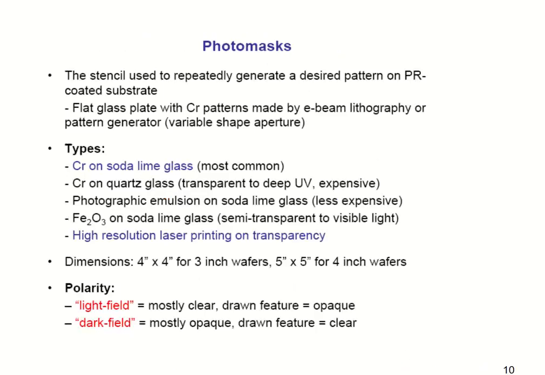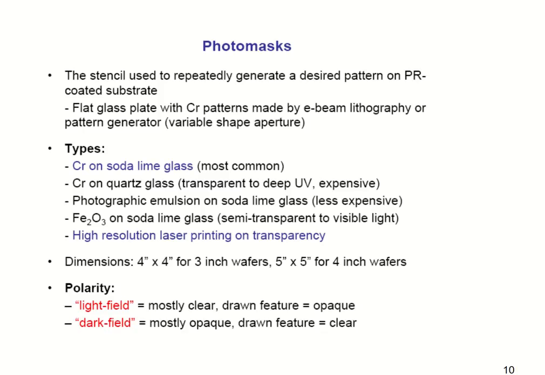Okay, so let's talk about the photomask. Usually people really don't know how the photomask is generated, because you design the mask and then send this design out to the photomask makers, and they generate the photomask for you.